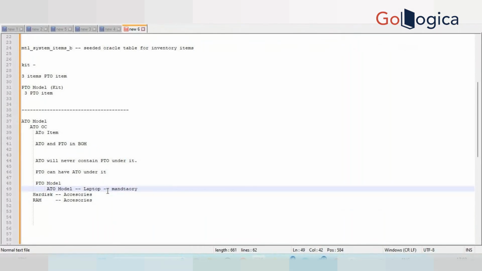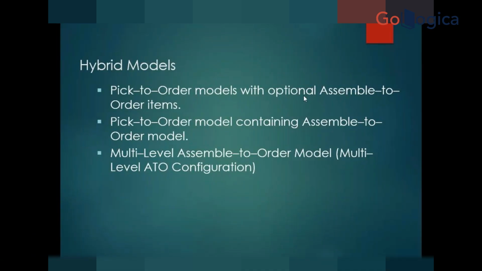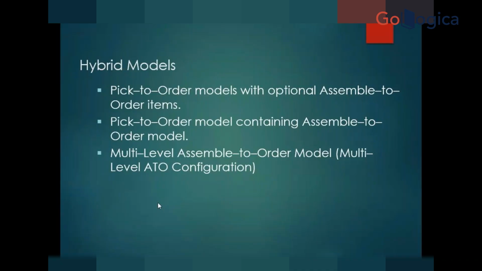You can directly configure this and order the hard disk, RAM and memory as a package instead of getting the complete laptop. So that is optional. A PTO model containing the assemble to order model can be mandatory in the first case, or optional in the second, based on your setups.